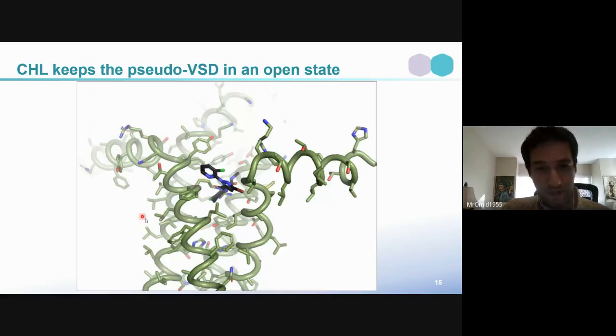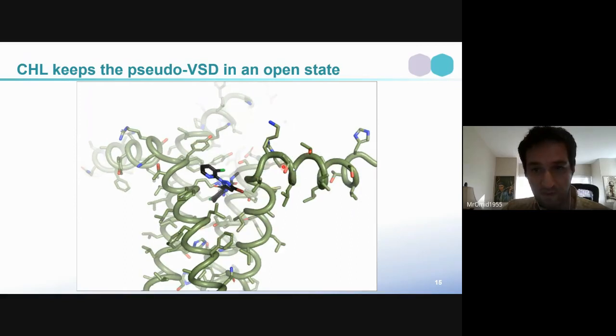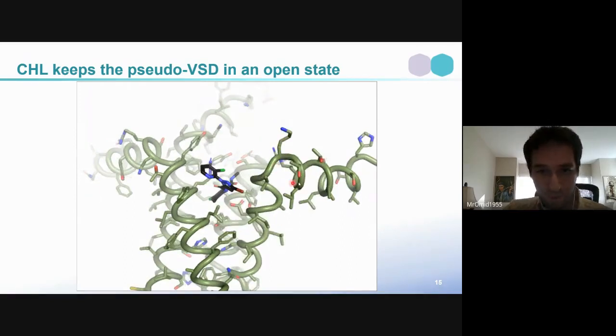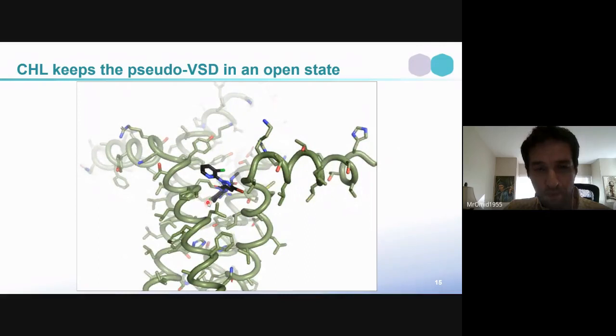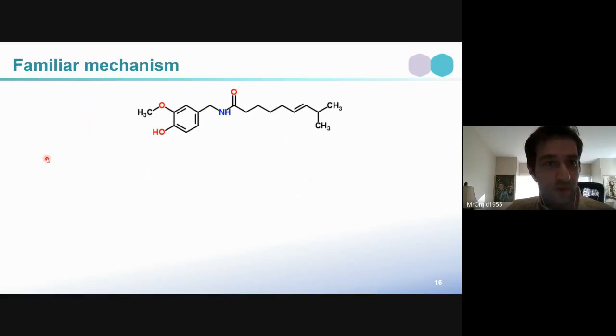And I can show that again through a morph going from the closed state to the open state, where you can see this S4-S5 linker being sort of pushed sterically by the positioning of the drug. And this is, of course, a very familiar mechanism. I'm sure many of you are well aware of this. As I alluded to before, voltage gating works much in the same way, with the sliding of the S4-S5 linker.